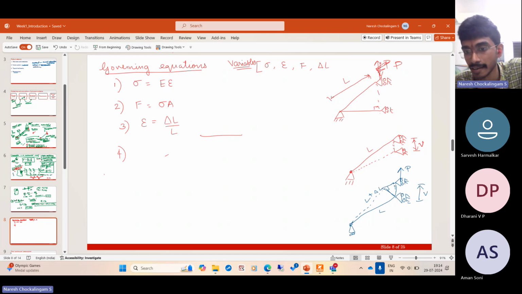If this angle is theta, after deformation this angle remains approximately theta, which means this angle is 90 minus theta. So V cos(90 minus theta) is this delta L, which means delta L is equal to V sine theta. That is the linearized approach.